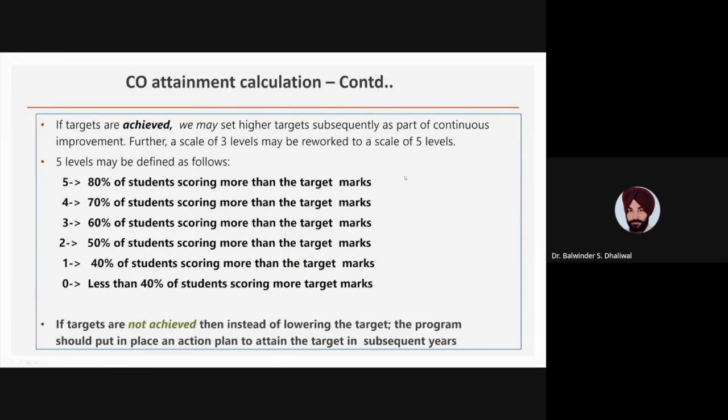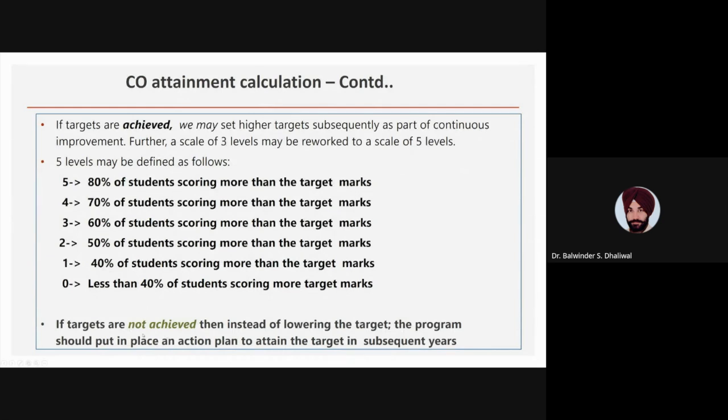There was a question from one of the participants: can we have more levels of attainment? Yes, you can see here that we can have 5 levels of attainment. But presently, 3-level attainment is the most followed scenario.